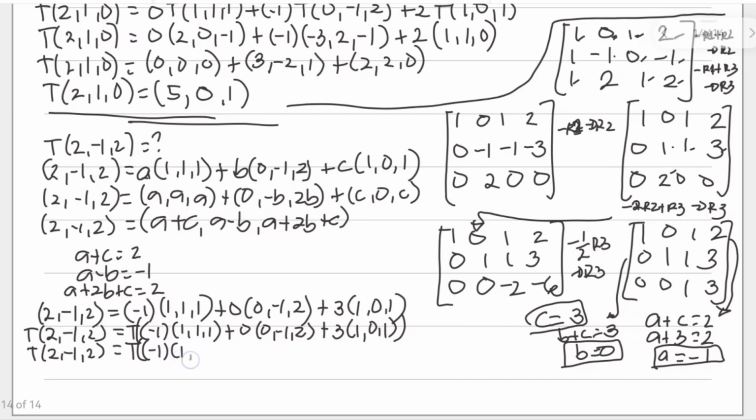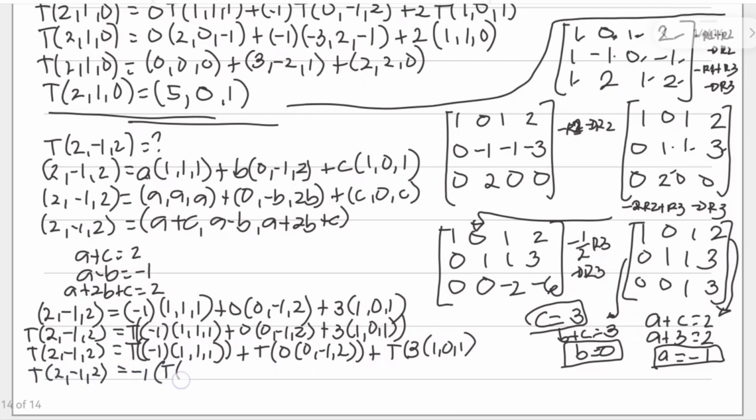So you have T of (1, 1, 1) plus another here, 0 times T of (0, -1, 2), plus 3 times T of (1, 0, 1). And T of (2, -1, 2) is negative 1 times T of (1, 1, 1).